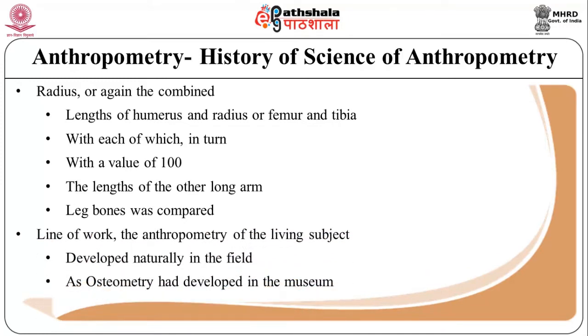This line of work, the anthropometry of the living subjects, developed naturally in the field as osteometry had developed in the museum, and was a direct result of the series of great scientific voyages like those of the Novara and the Challenger, characteristic of the last third of the 19th century.